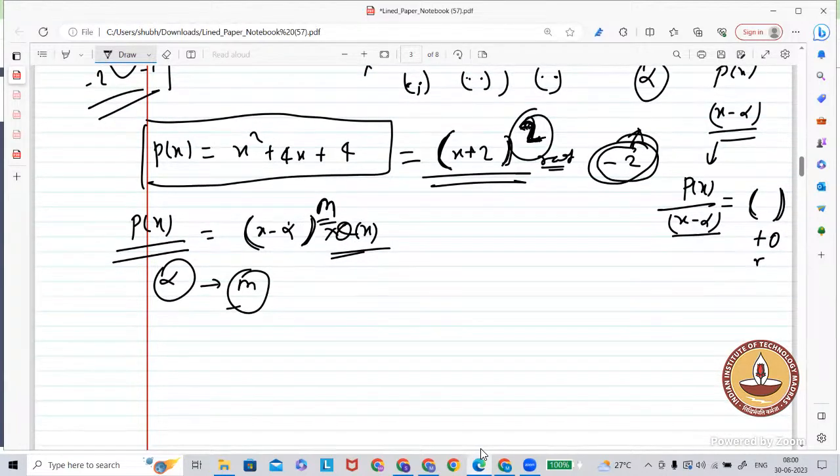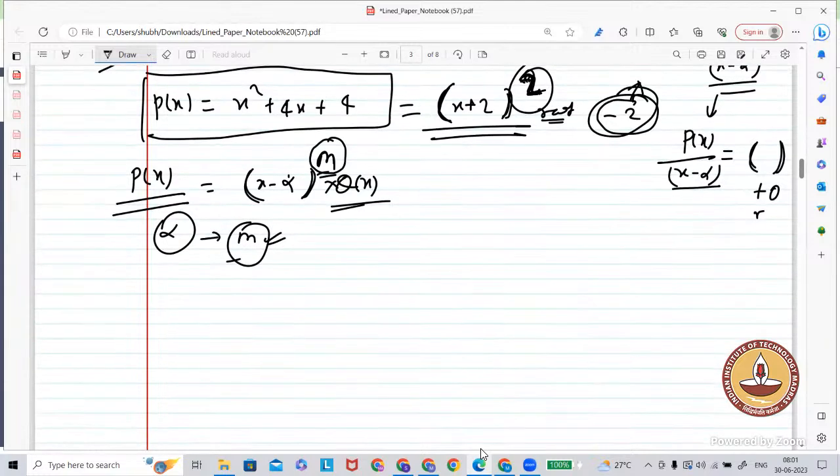Okay, so because of this multiplicity, we have some properties, and it also plays a crucial role. Because of this number, the polynomial plays an important role.